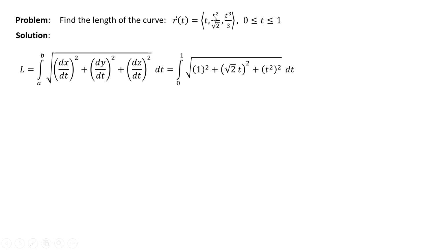The derivative of t squared is 2t. 2t divided by square root of 2 is square root of 2, so square root of 2 times t. And that we need to square. And the derivative of t cubed over 3 is 3t squared over 3, which is t squared. And we need to square the t squared. That's just simple plug and chug.